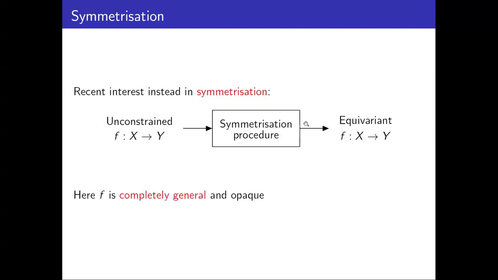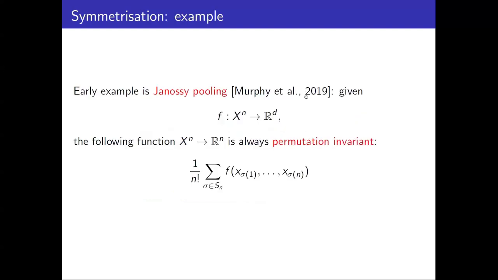Here, the idea is you want to treat your model F as completely opaque. You don't want to look inside it. You just want to wrap it or do something to its inputs and outputs in some way that gives you the desired guarantee that you care about. This is interesting because it lets you use these more scalable architectures as a backbone, and still get the equivariance property that you're interested in.